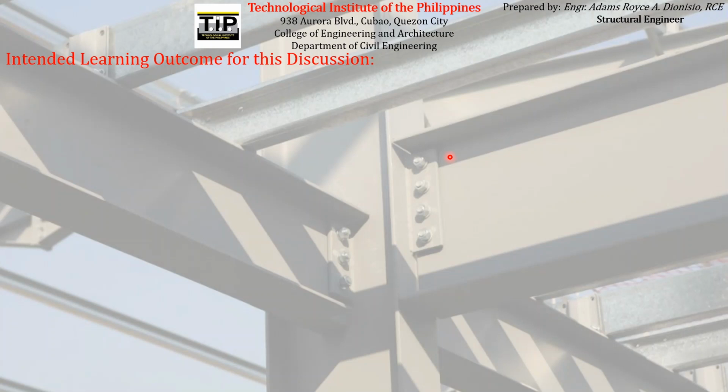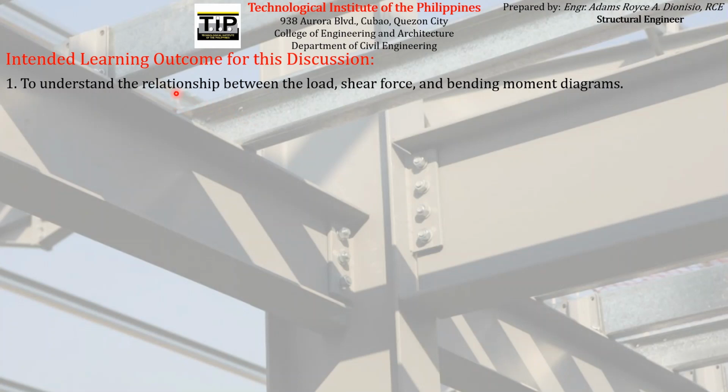In order for us to draw that diagram, we first need to know the relationship between the load diagram, the shear force diagram, and the bending moment diagram, in order for us to derive a technique or a particular procedure on how to draw the shear force and bending moment diagram.